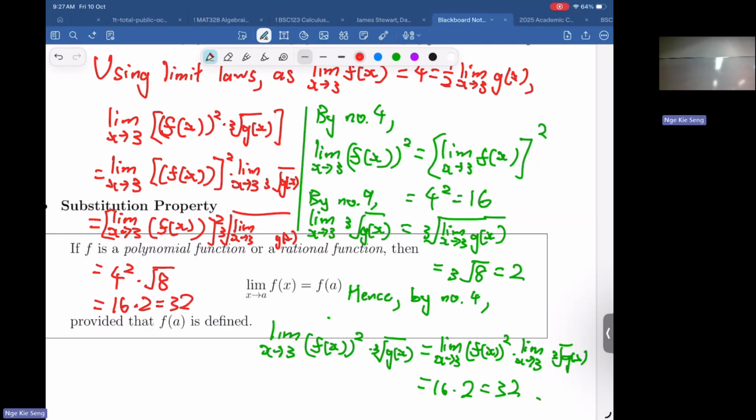You cannot just simply dissect them. All of us like to dissect things, but we need to tell people why. Otherwise you are just messing around and could easily get the wrong answer. That's why we want to know why it works. Any questions for this?